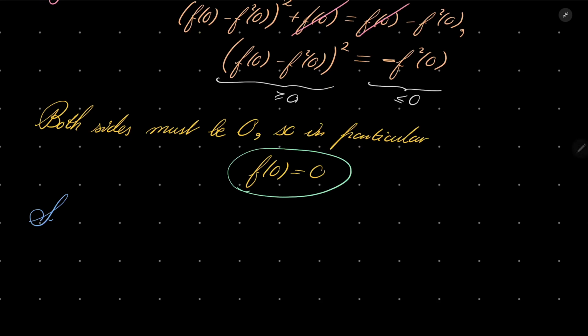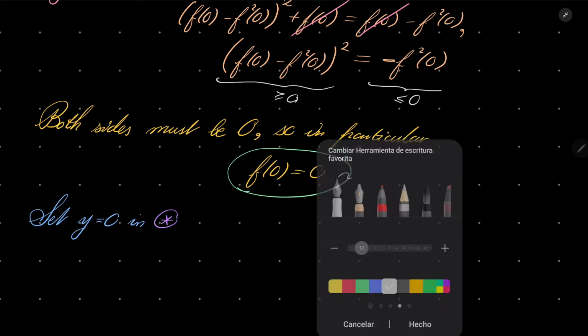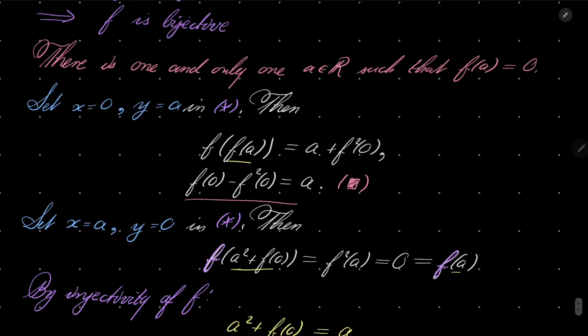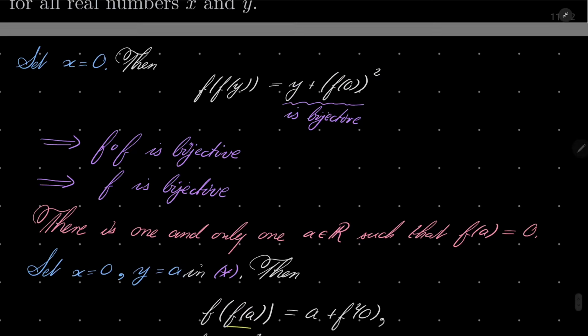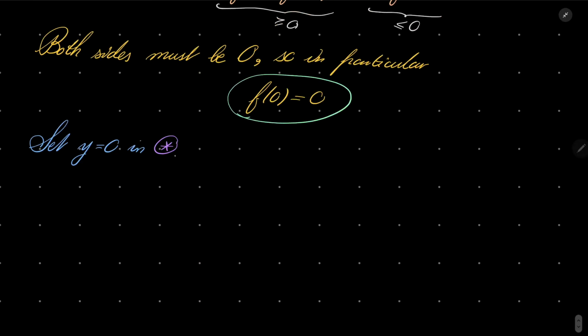Let's start with setting y to be 0 in our condition which I marked asterisk. Let's go back, let's see. I set y to be 0, so I have f of x squared plus f of 0. Maybe let's write it. Don't be too quick. f of x squared plus f of 0 equals, well, 0 plus f squared of x. But f of 0, as we know, it's just 0.